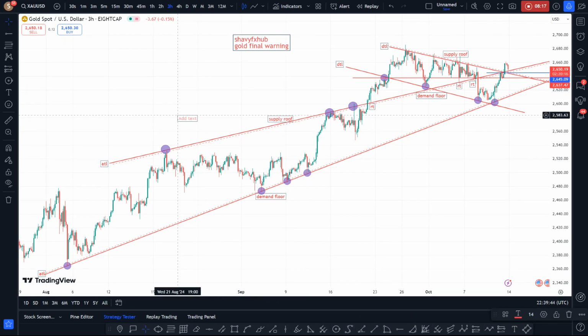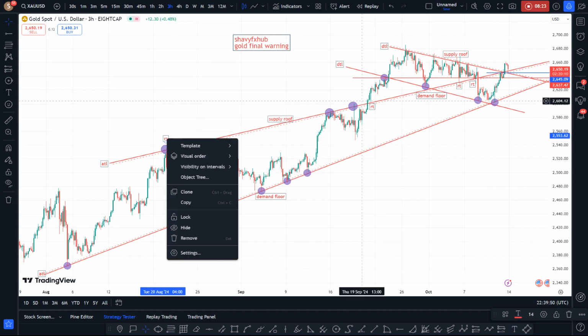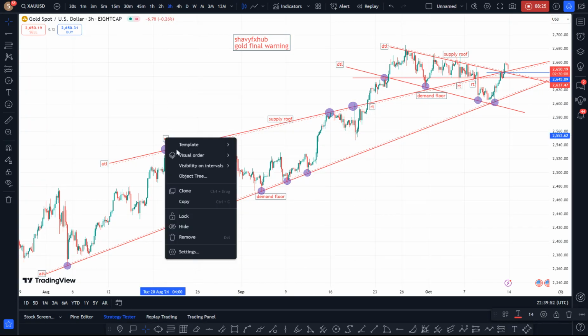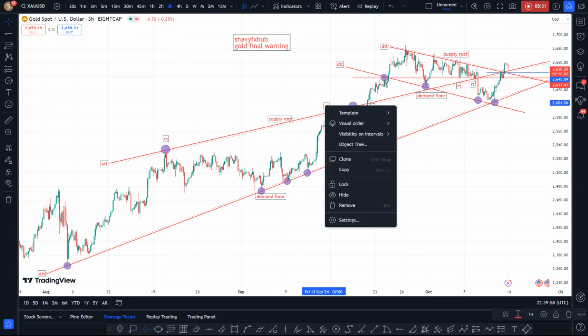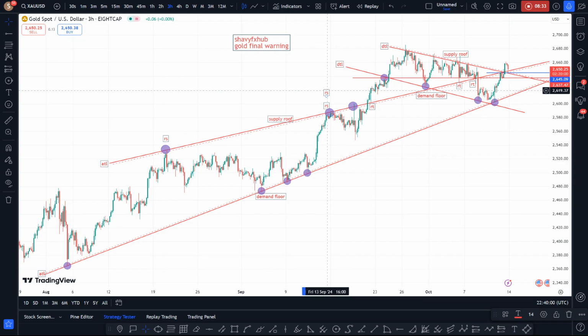We call it ROS. Another ROS. We have another ROS here. A break of structure and a retest to return price to the demand zone.